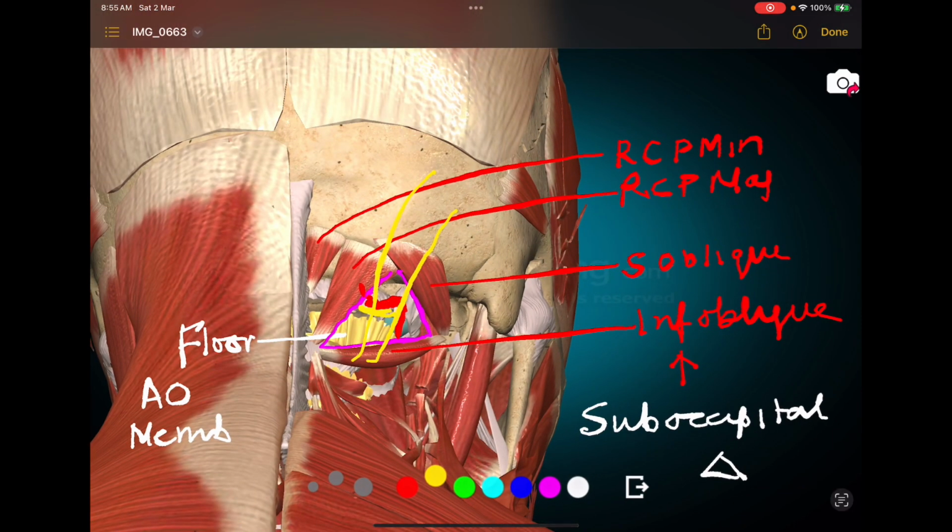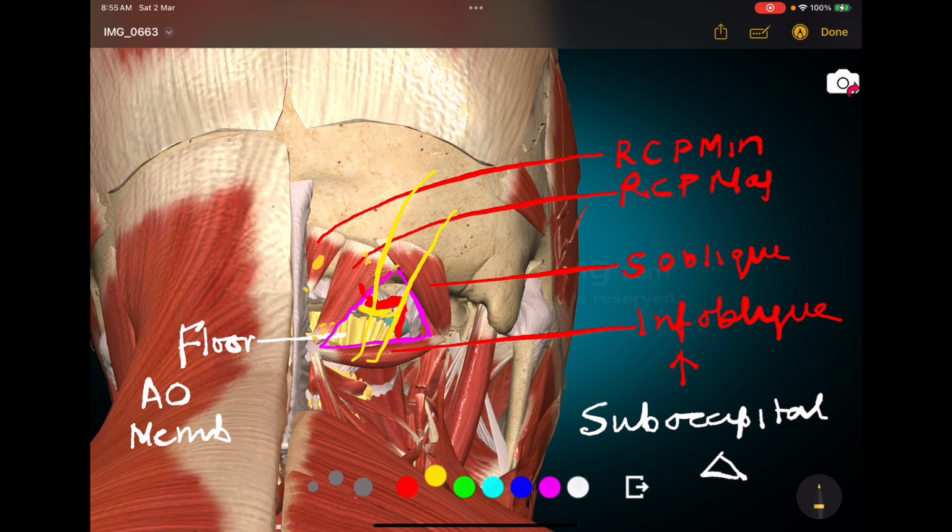You have taken off the semispinalis, splenius, and longissimus capitis. So here is the rectus capitis posterior minor from the spinous process of the first to the inferior nuchal line. From the spinous process of the second to the inferior nuchal line is rectus capitis posterior major. It's longer, so it's major. So this is the medial boundary of the suboccipital triangle.